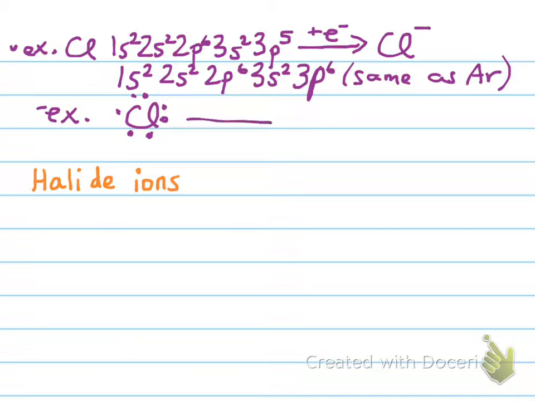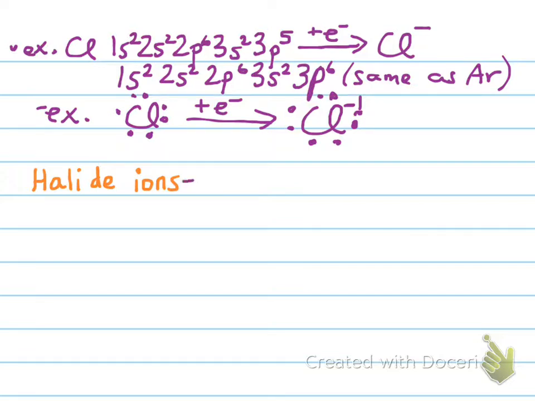It's going to gain an electron and become chlorine with a negative charge. And so it's now going to have 8 electrons, 3, 4, 5, 6, 7, 8. So there's our electron dot structure for chlorine when it becomes a negatively 1 charged ion.